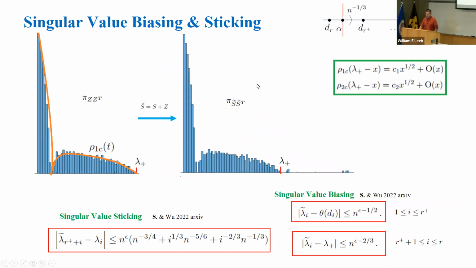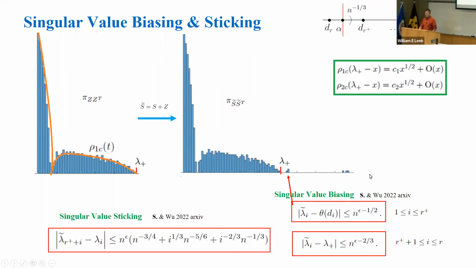Then we have the result: this is a BBP phase transition. When we have signal plus noise, we study the behavior of the eigenvalues of S tilde. When the signal is strong enough, like D1 to DR plus, the eigenvalue lambda tilde i will converge to theta, which we already know.